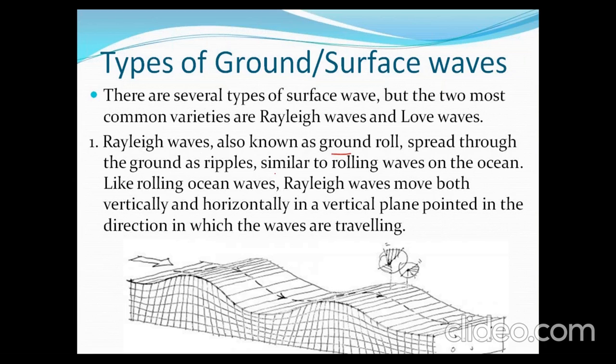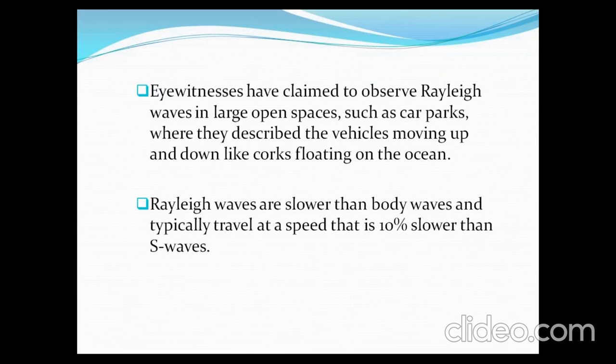These Rayleigh waves move in both vertical as well as horizontal directions. Like this in the figure you can see there will be both horizontal and vertical waves, whereas Love waves will be only horizontal.